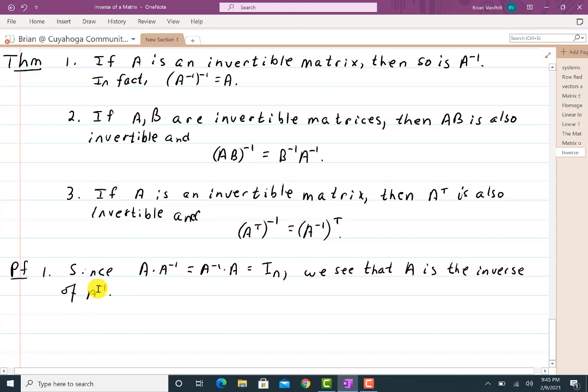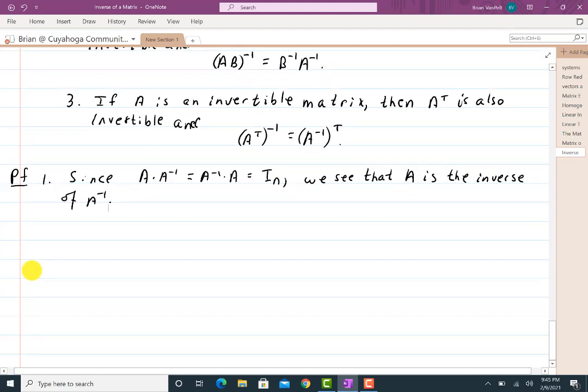So that's not a big deal, because A is a matrix that when I multiply before and after it, I get the identity. That's all that's required for a matrix to be invertible. And from the last theorem, we know that the inverse is unique. Since A inverse happens to do the job, that takes care of that.